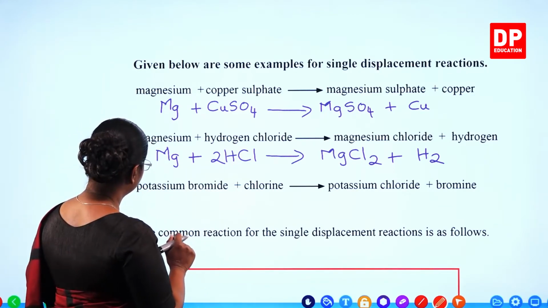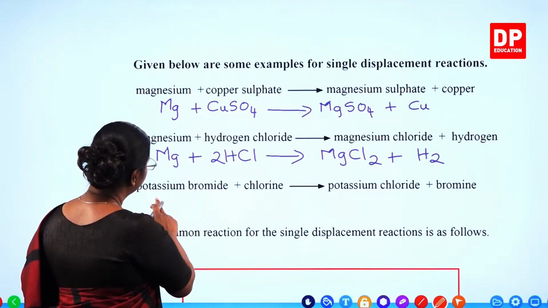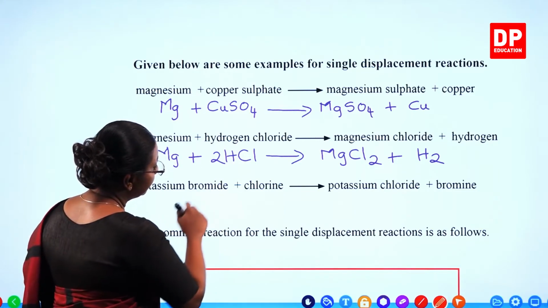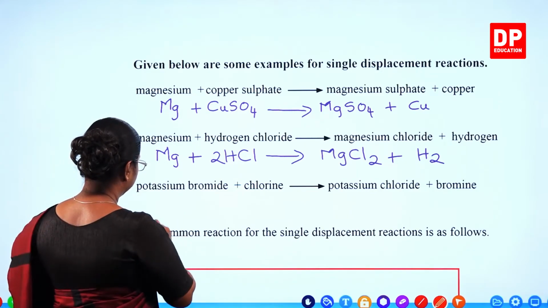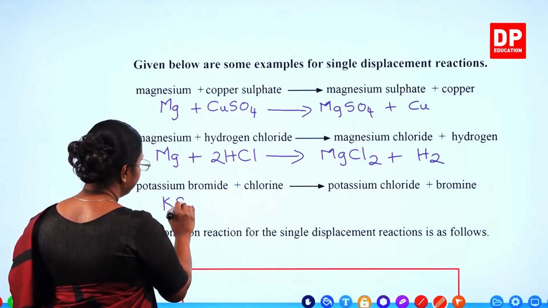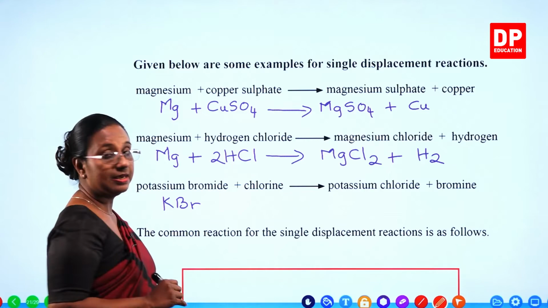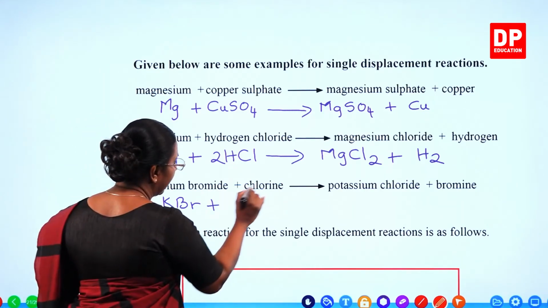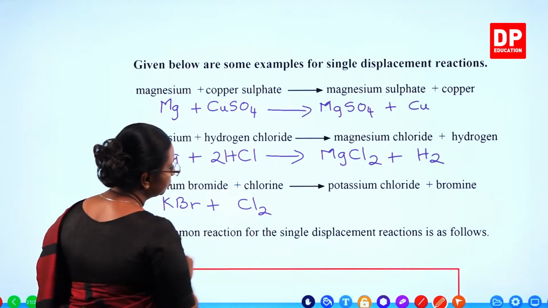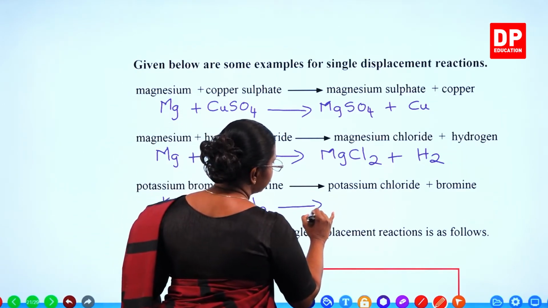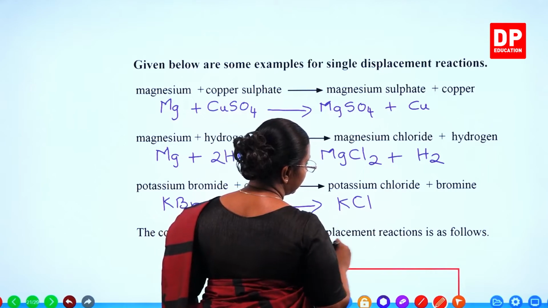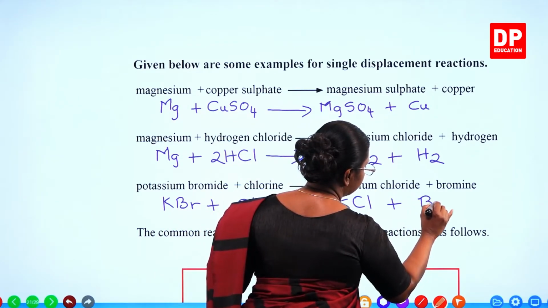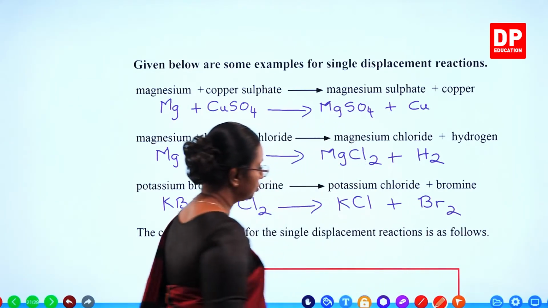That's the second one. The third one, we have potassium bromide and chlorine giving rise to potassium chloride and bromine. So KBr is potassium bromide and chlorine is Cl2 gas, gives rise to potassium chloride KCl and bromine Br2.